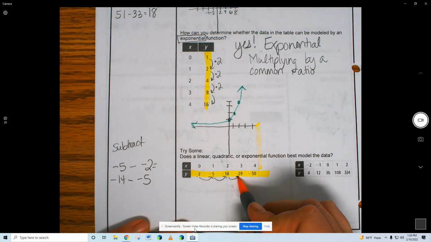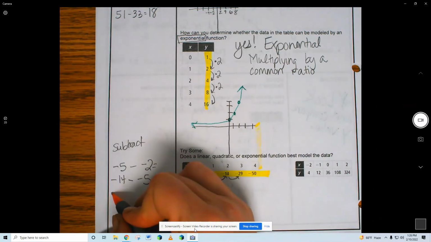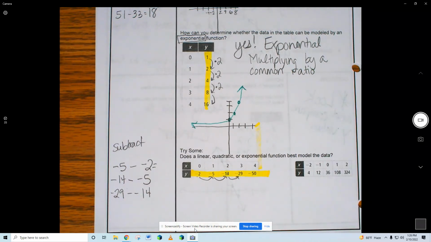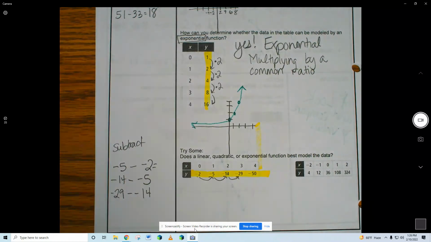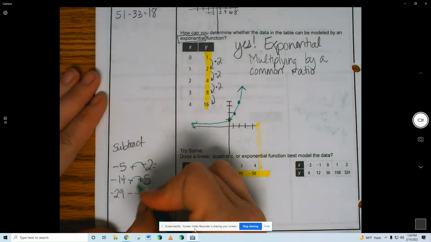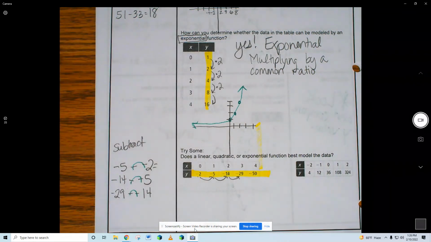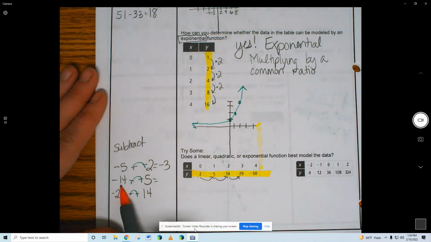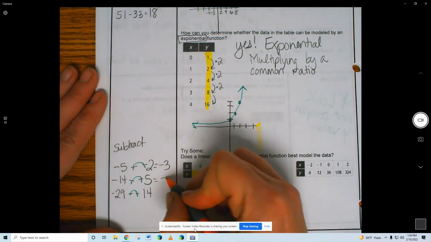Negative 29 minus negative 14. Watch out, because these become pluses. Integers. Minus 3, very good. Negative 14 plus 5, minus 9. Good.